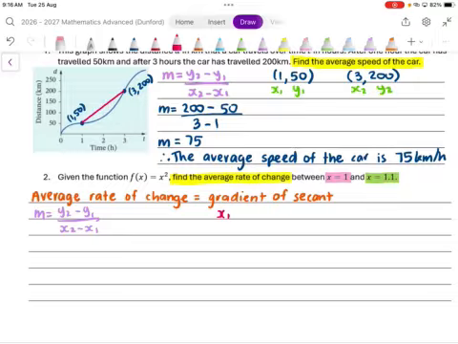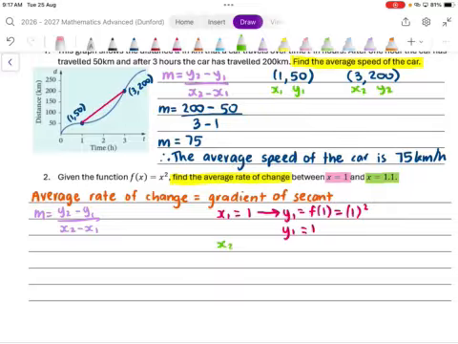Now, from our question, we're told that our x1 is equal to 1. How can we find our y1? We can find our y1 by substituting our x1 into the function that we've been given. So y1 will equal f of 1, which is equal to 1 squared. So that means that y1 is just equal to 1.